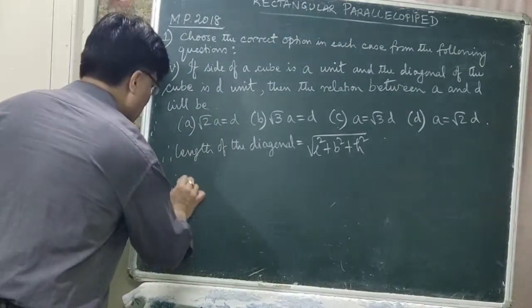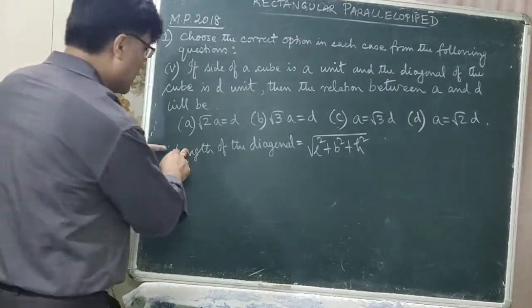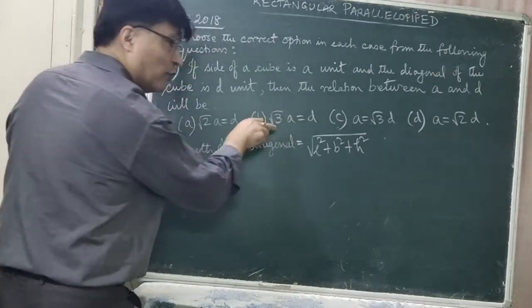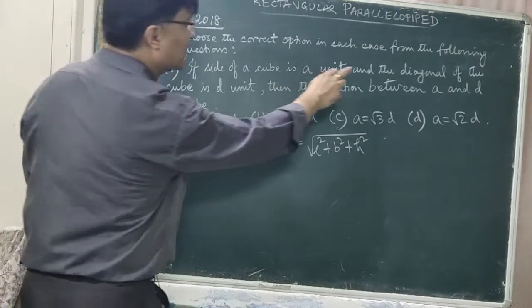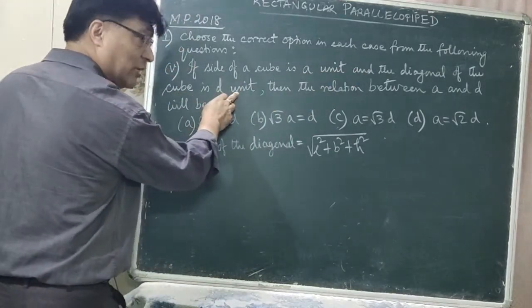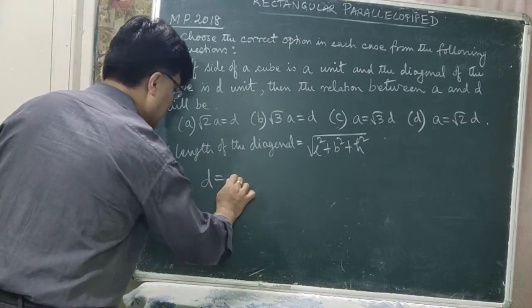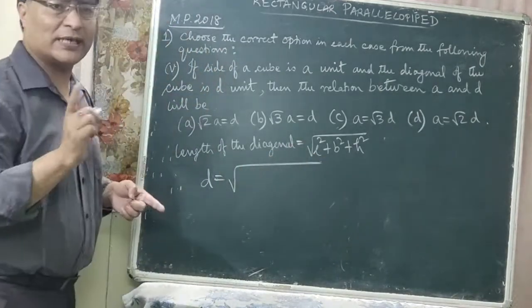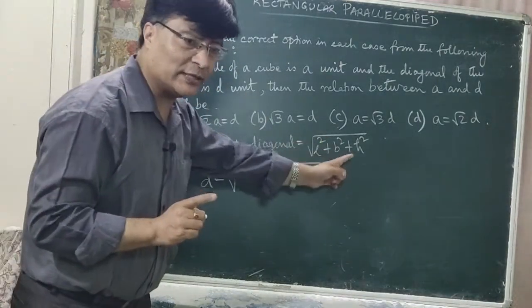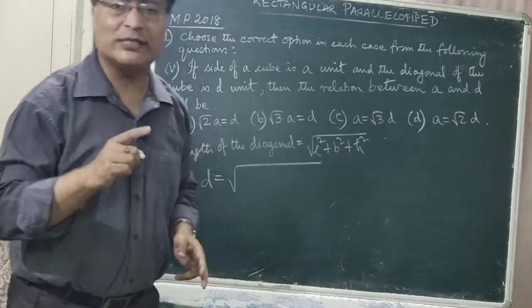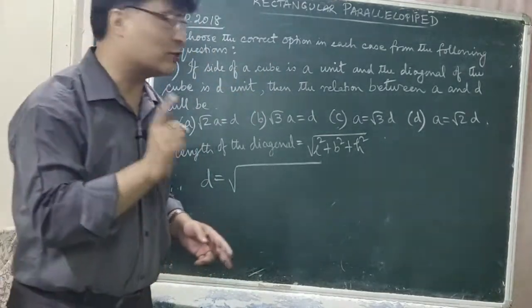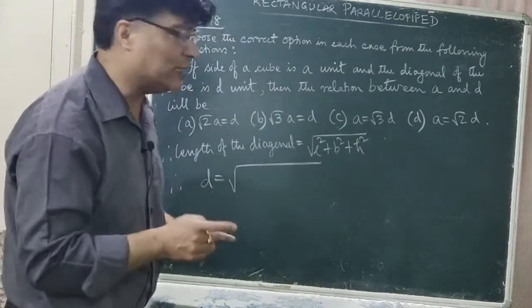Okay. So therefore, now in this case, length of the diagonal of the cube will be, what is the length of the diagonal of the cube given in the question? That is your d unit. So here you write d is equal to root over. Now in case of cube, length is equal to breadth is equal to height. So in this case, side of a cube is a unit, that is given. That is your length is equal to breadth is equal to height is equal to a unit.